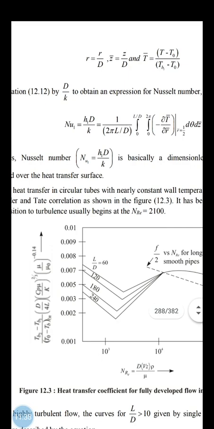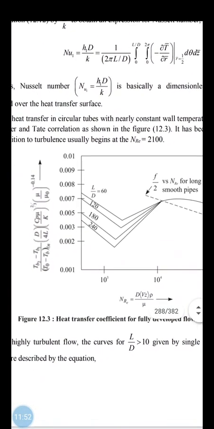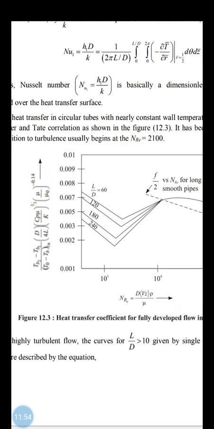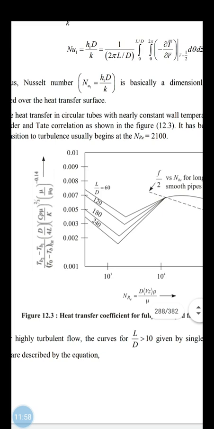This is nothing but the heat transfer in a circular tube with a constant wall temperature, which can be obtained by the Sieder-Tate equation. This Sieder-Tate equation can be empirically shown by this graph. So what is the y-axis? The y-axis is a bigger term: (Tb2 minus Tb1) upon (T0 minus Tb) times ln, d by 4L, times (Cp mu by k) raised to 2 by 3 and (mu by mu0) raised to minus 0.14.